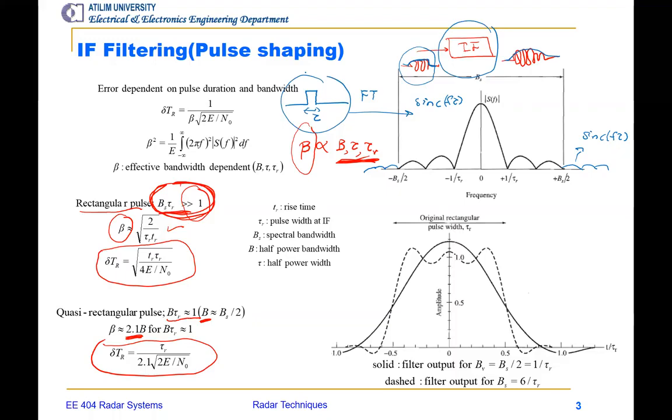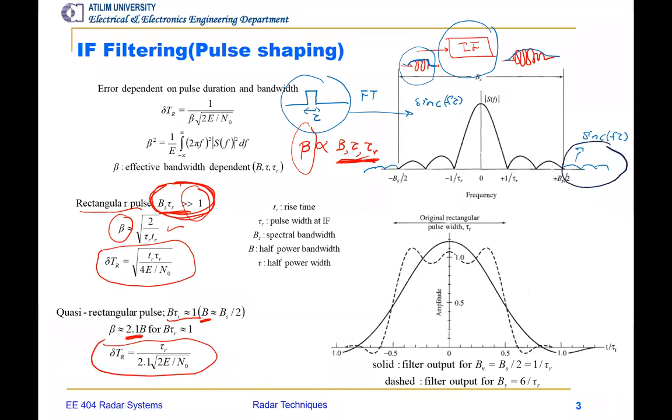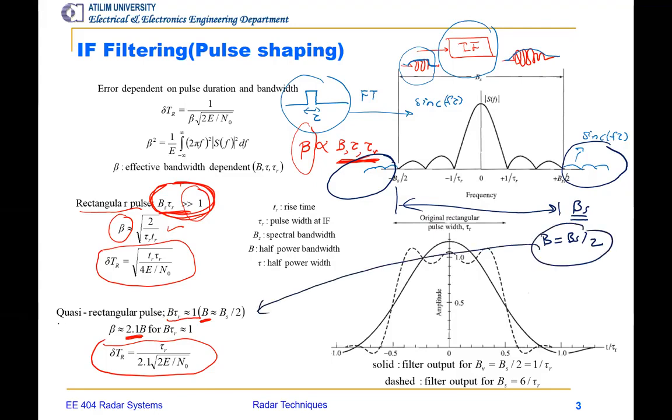We cut out these side lobes and take this part only, which is B_S, okay. And if we consider the positive side only, then its bandwidth is going to be B_S over 2, okay. So this is what we do here. So this rectangular pulse becomes a quasi-rectangular pulse, and it's illustrated right here.